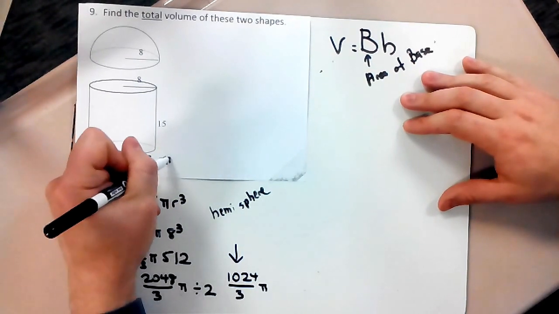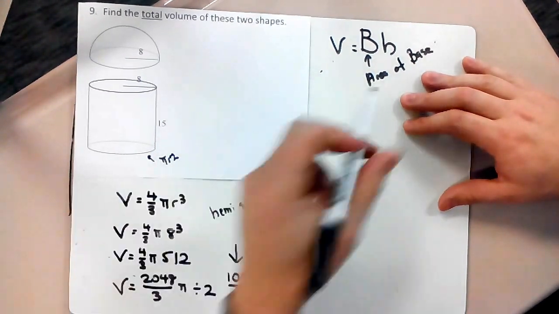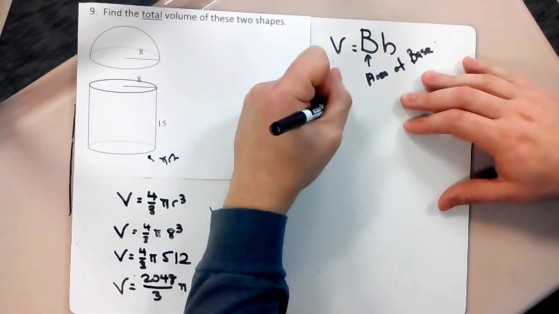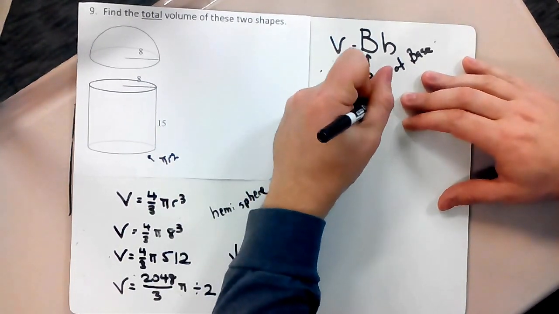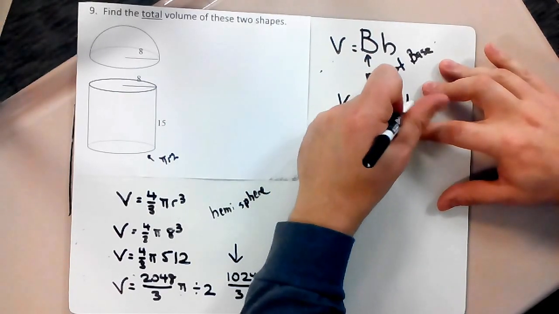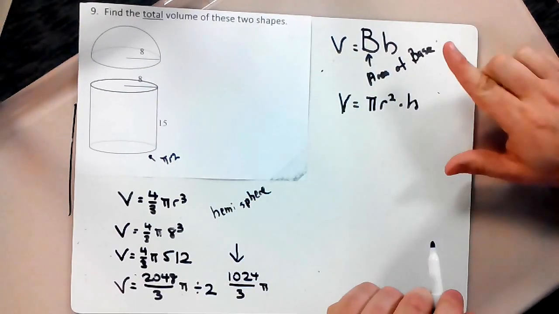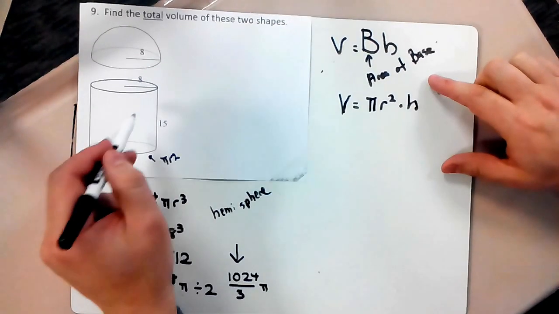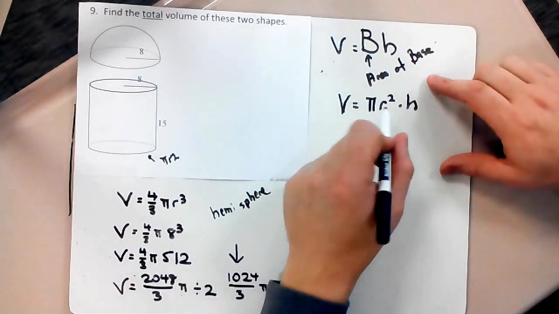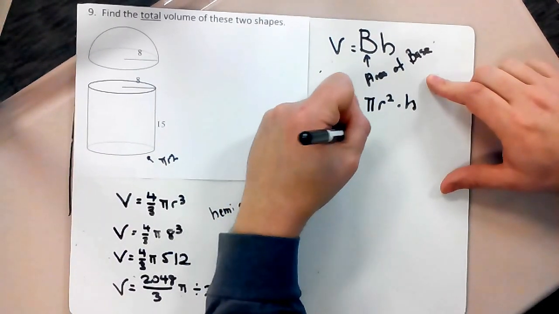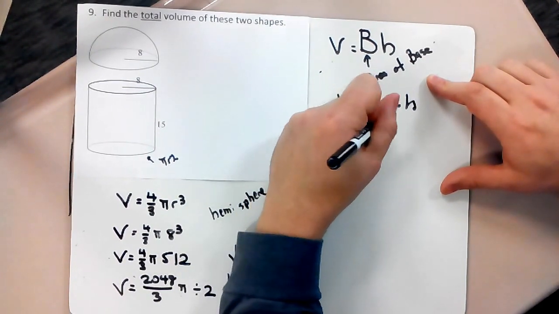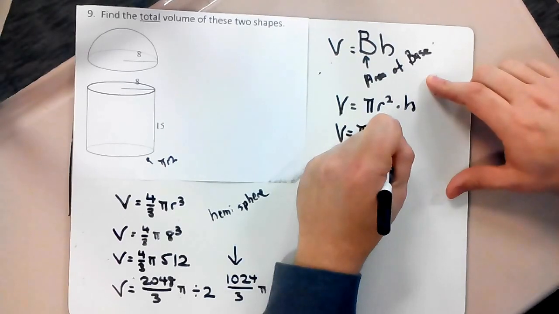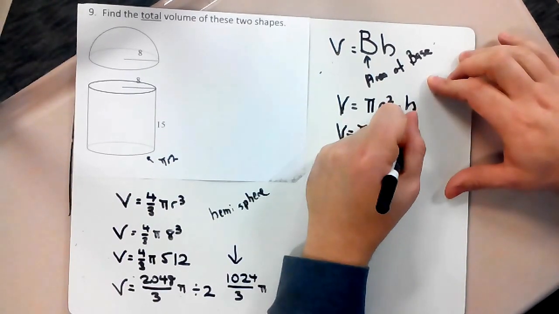That's what I'm going to write. I'm going to say V, the volume of a cylinder, equals pi r squared times h. Now I'm going to put in my information. The radius is 8. V equals pi 8 squared times 15.